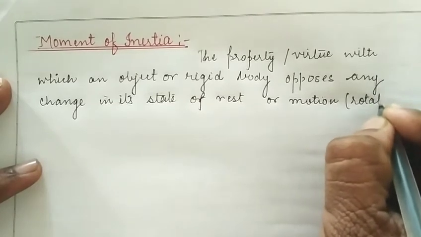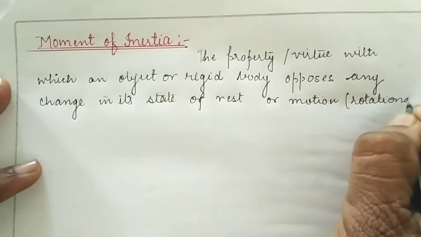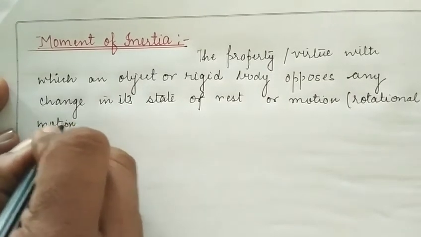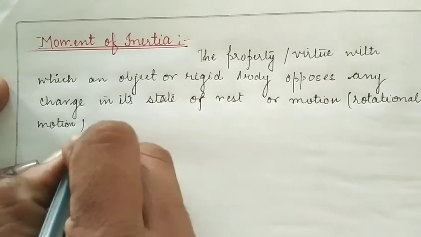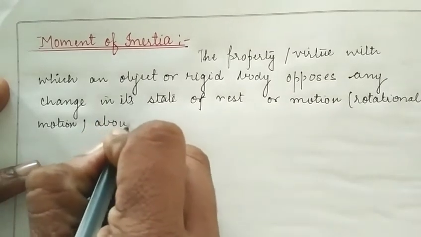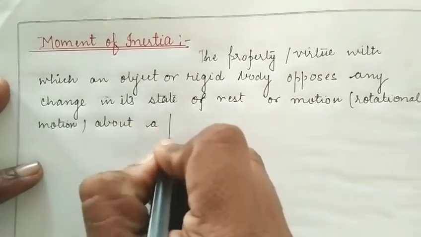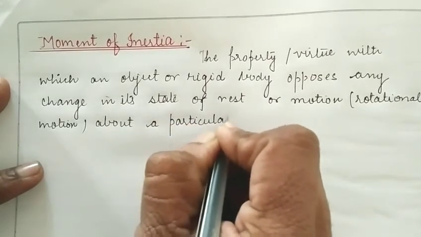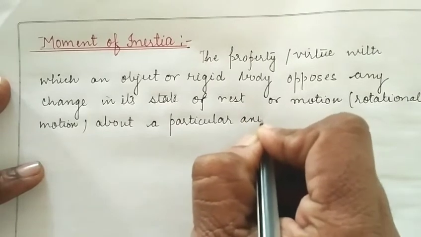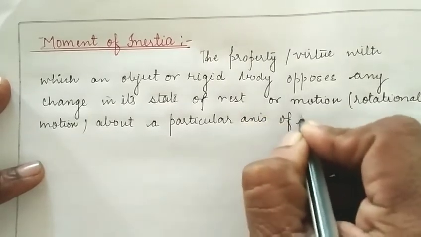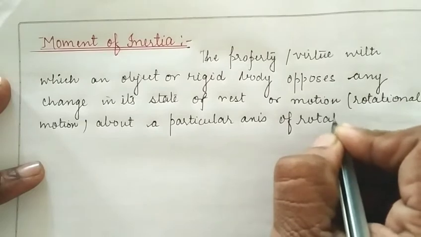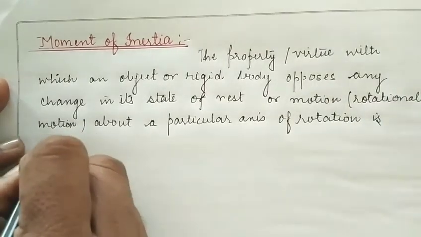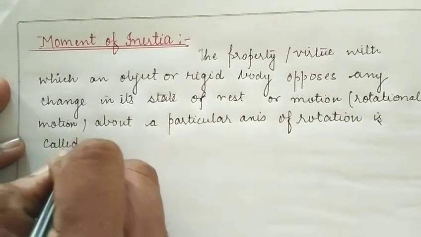Okay, rotational motion about a particular axis of rotation, that phenomenon, this property is called moment of inertia.